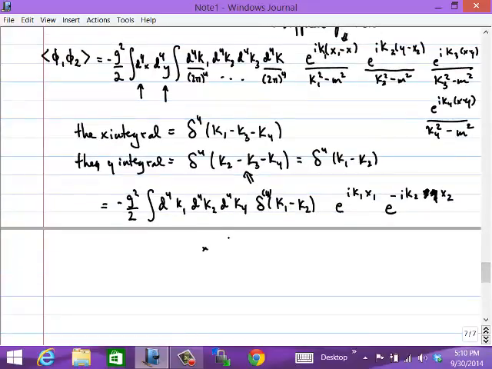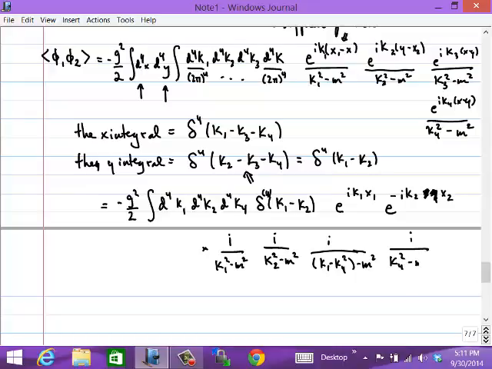So times i over k1 squared minus m squared, i over k2 squared minus m squared, i over k3 squared minus m squared. Remember, k3 is k1 minus k4, so that's k1 minus k4 squared minus m squared, and i over k4 squared minus m squared. Everything clear so far?